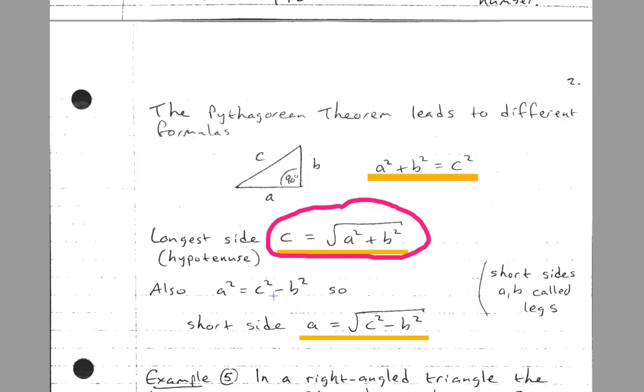Take the square root of both sides and you get a is equal to the square root of c squared minus b squared. So we have a minus sign in here. If you're looking for one of the short sides, then use this formula. Use the other one when you're looking for the longest side.